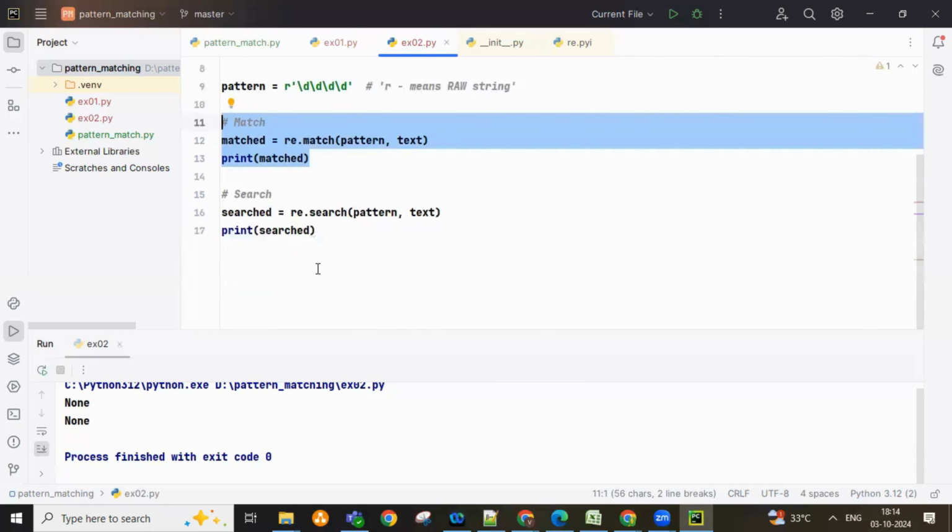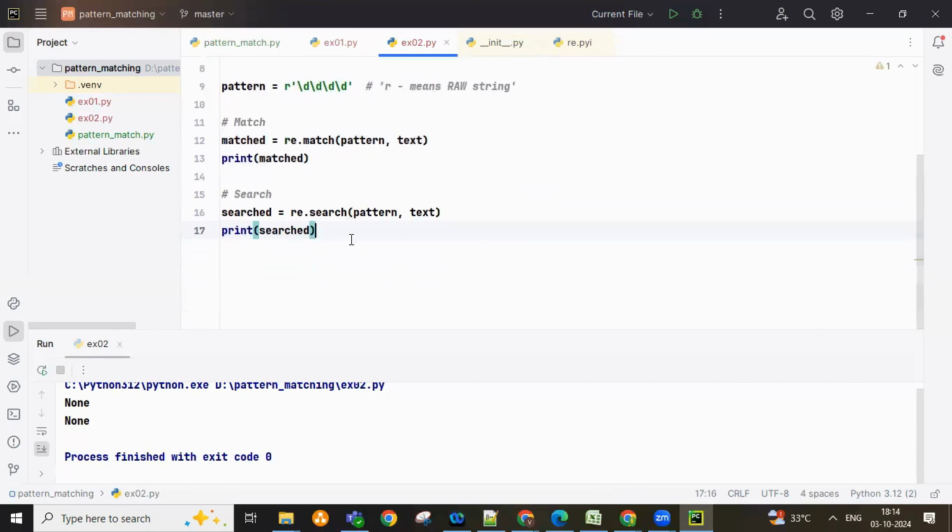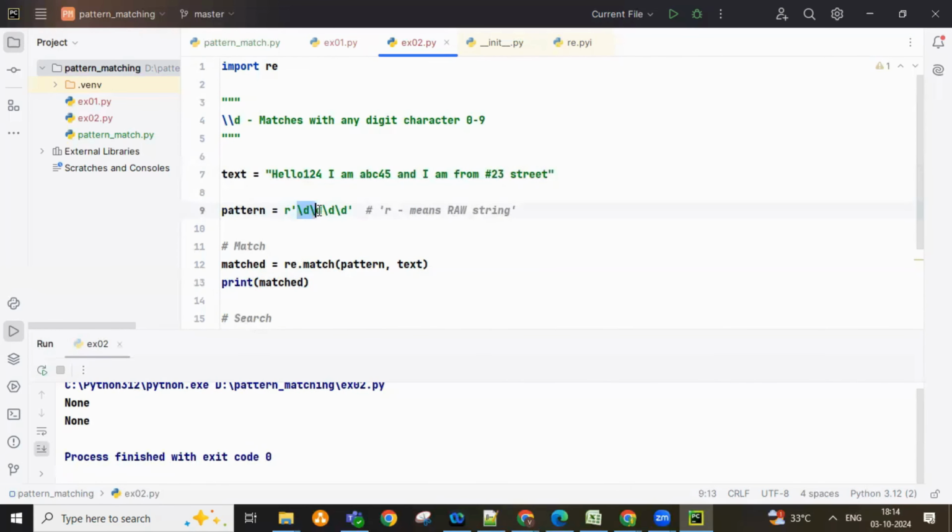All right. So now what is the problem here? When we are working on this, currently this is a pattern. And if I just update the pattern, for example, hey, get me all the digit characters from this string.